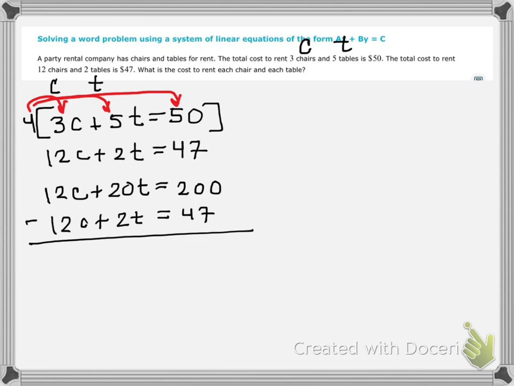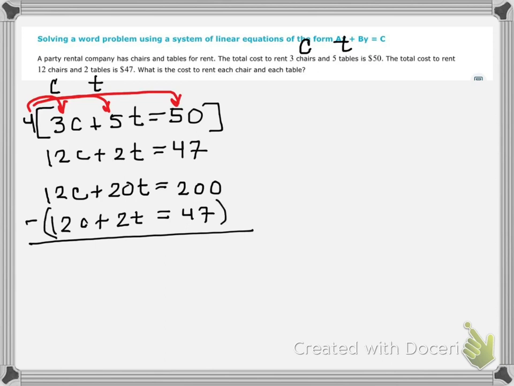An error that students will make is they'll just put the minus sign and they'll go 12c minus 12c is 0c, and then they'll go 20 plus 2t, and they'll forget to subtract the 2t. They'll just focus on subtracting the 12c. To prevent myself from doing that, what I like to do, as I said, is put parentheses.